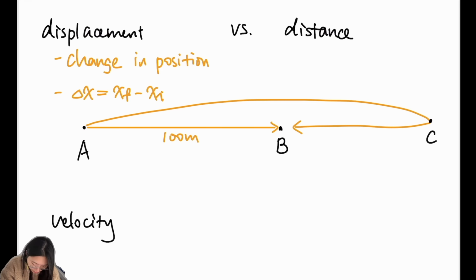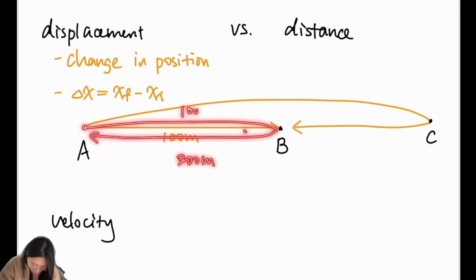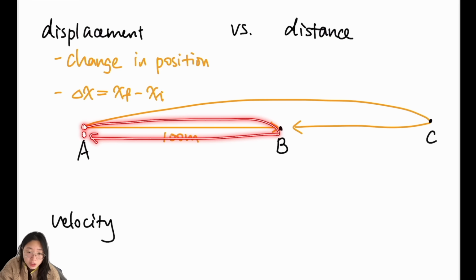Or let's say when you move between A and B, you went to B and then you're back to A. Then your distance is 200 meters, 100 meters from A to B, another 100 meters from B to A, 200 meters in total. But your displacement is 0 because your initial position and final position are the same. There is no change in the position. So again, displacement has nothing to do with the route you take.